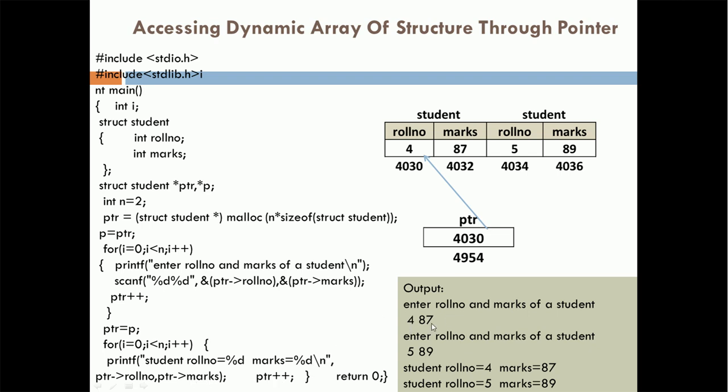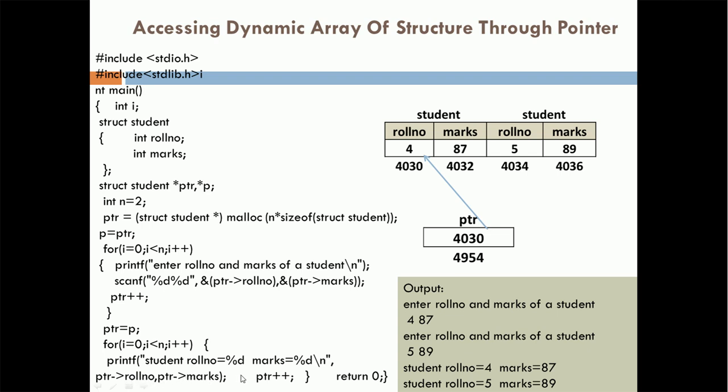So ptr arrow roll number is a way through which we can access a particular field using a pointer to structure. Similarly, ptr arrow marks, as I have explained in the previous slide, we can get the individual field of a structure using a pointer by writing the arrow symbol. So ptr->marks will provide you the marks field of the first array element.